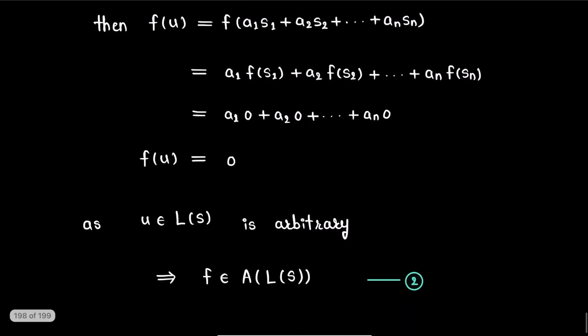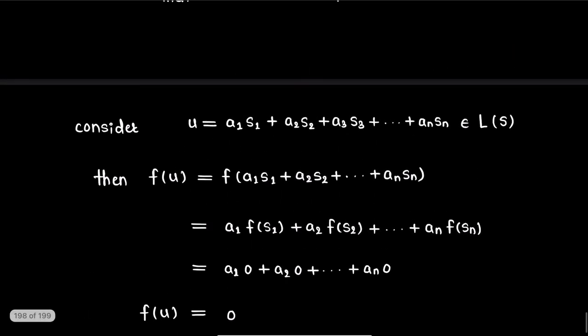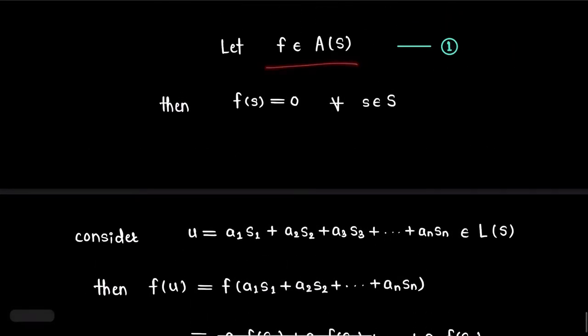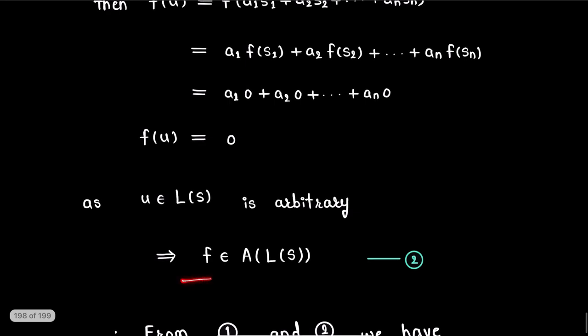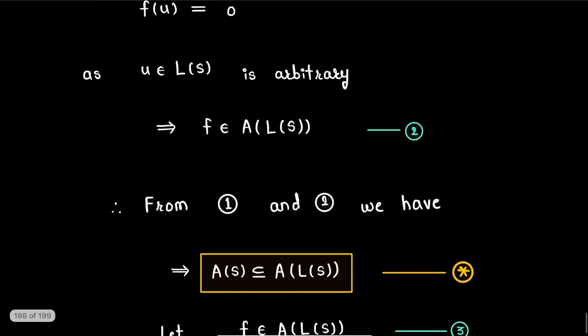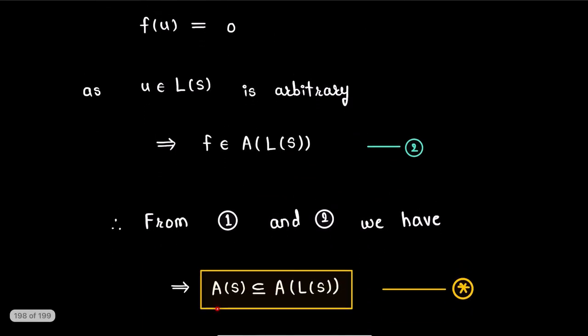Since U is an arbitrary vector in the linear span of S and f of U is 0 for that arbitrary vector, we can conclude that f belongs to the annihilator of the linear span of S, and we will call this number 2. So from 1 and 2 we have the annihilator of set S is a subset of the annihilator of the linear span of S.